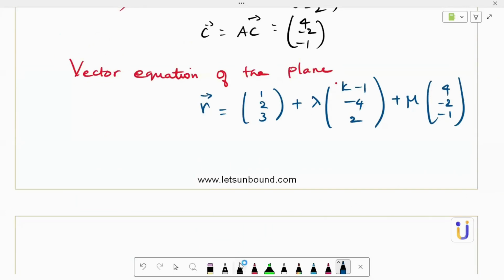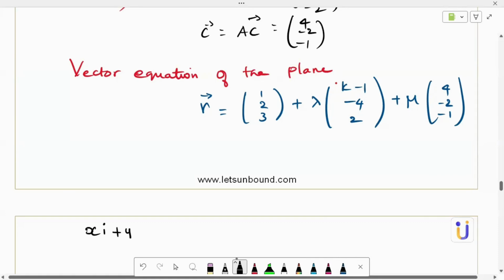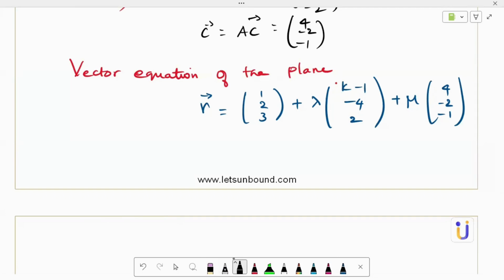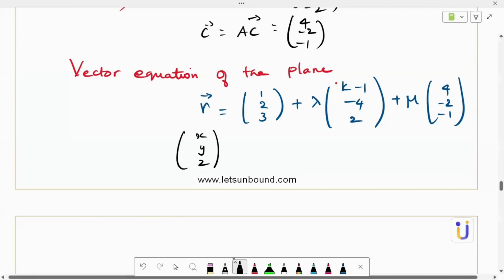R vector is a position vector. It can be written as xi plus yj plus zk, right? Or you can write it like this, which is the easier way to interpret: our vector can be written as (x, y, z). These are the three components. And if you convert it into a single expression, we get 1 plus lambda into (k minus 1) plus 4 mu.